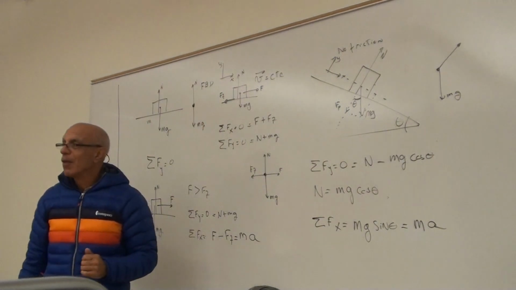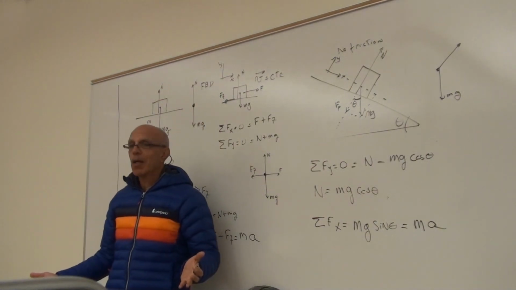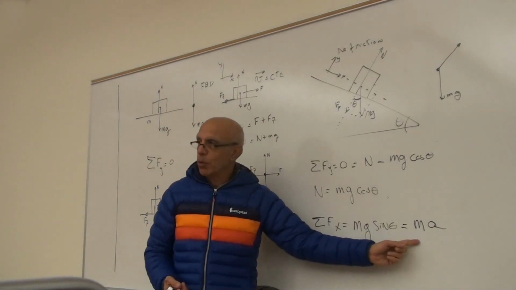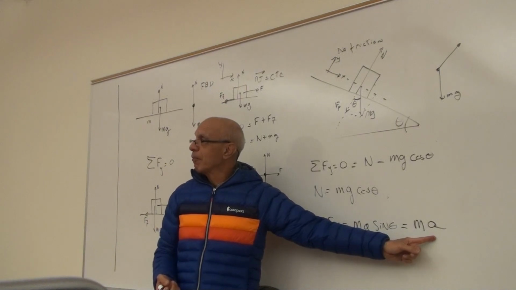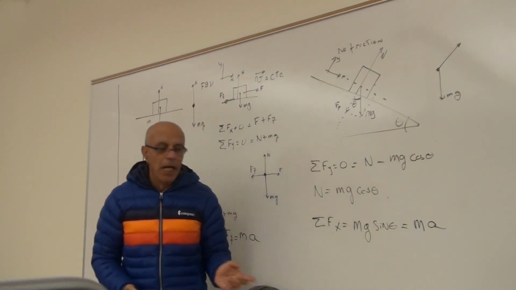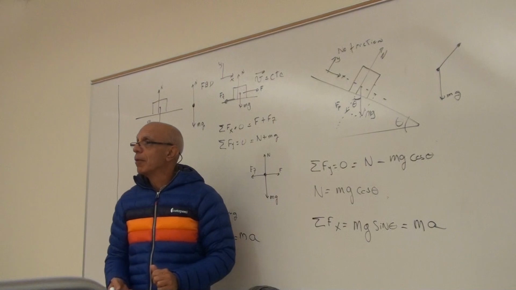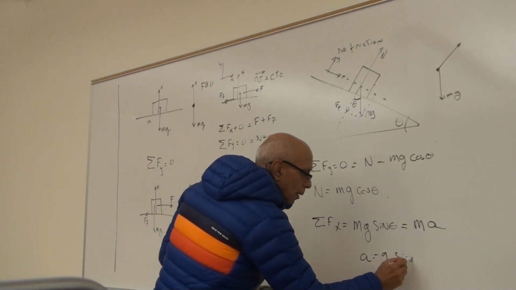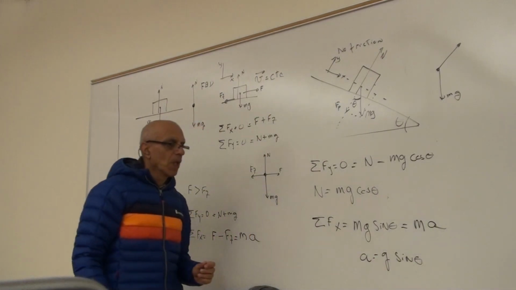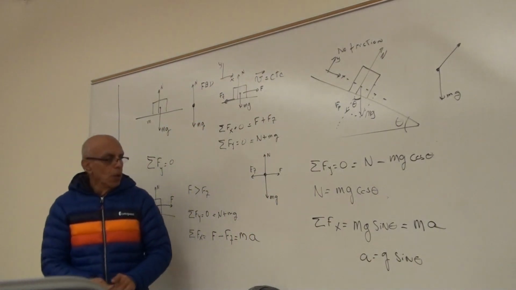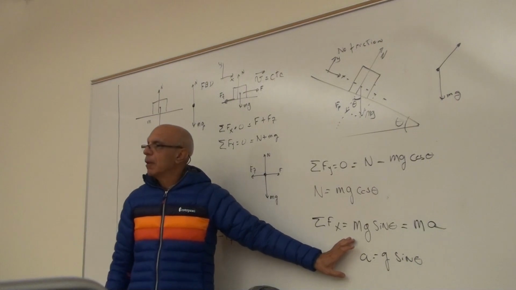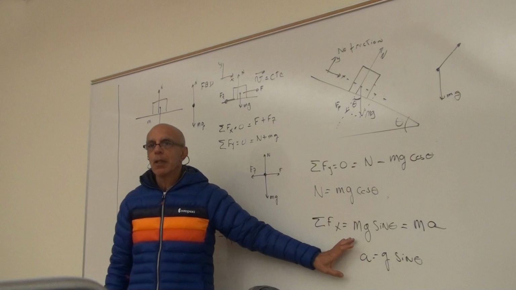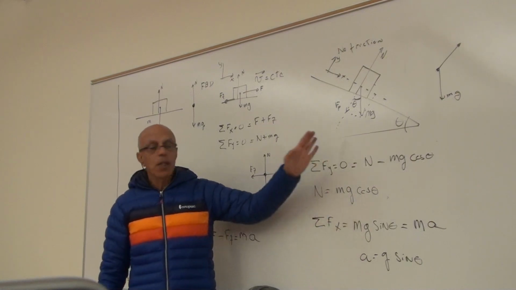So mg sine theta is equal to ma. Now m and m cancel on both sides of this equation, so acceleration is equal to g sine theta. Now look at this formula and describe to me what happens as I increase the incline.